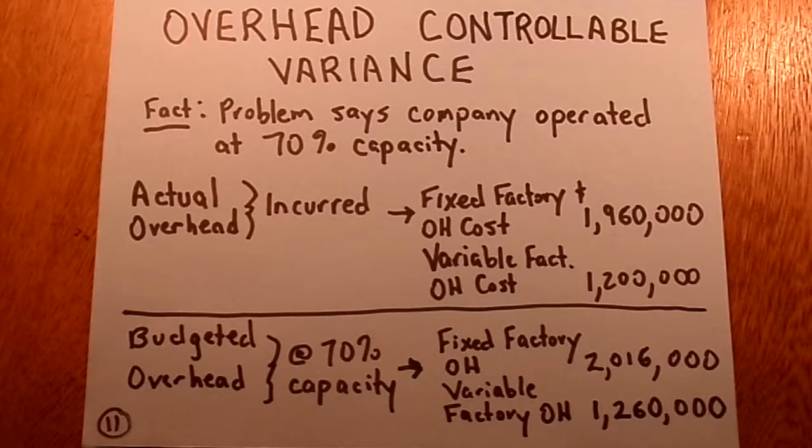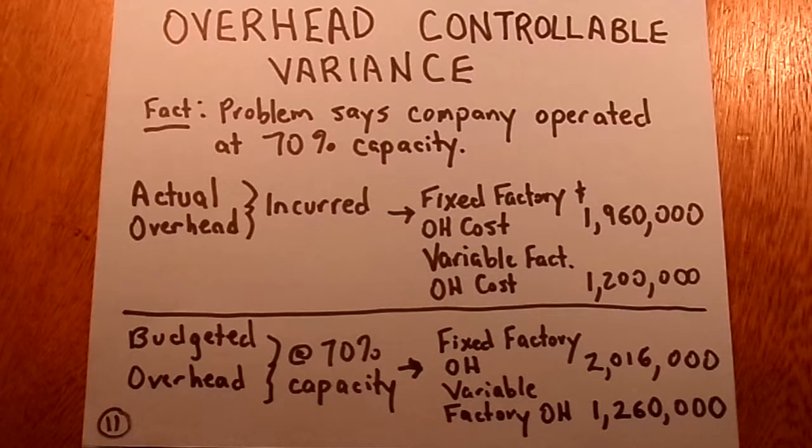Now here I'm reminding you that the problem says the company operated at 70% capacity. So we have actual overhead that was actually incurred, and we have the fixed factory part, which was $1,960,000. That was written back in the facts. We also have the variable factory overhead cost of $1,200,000.